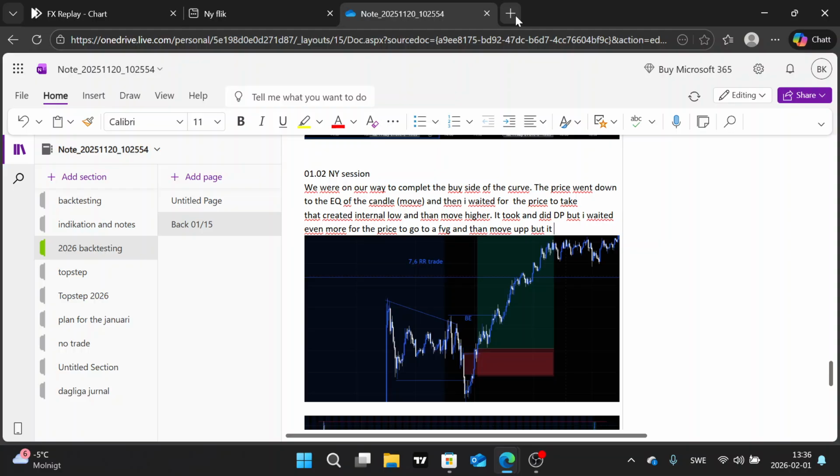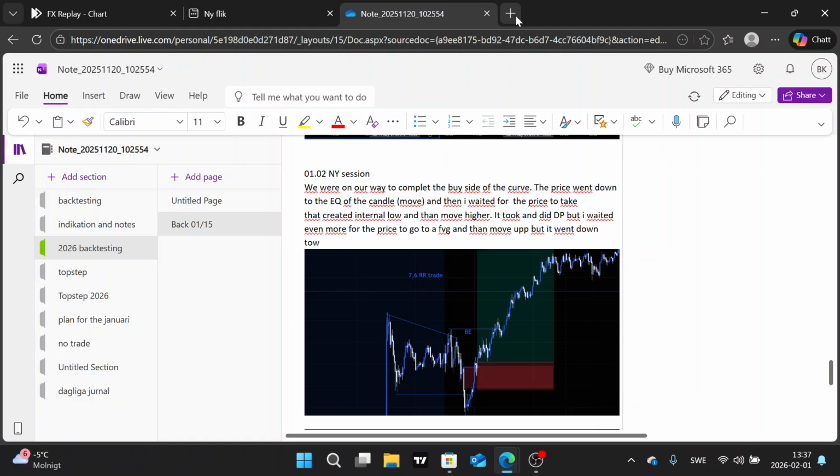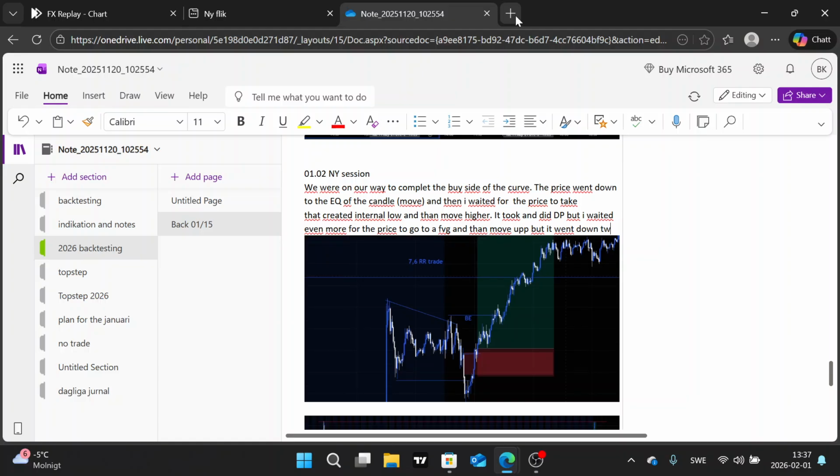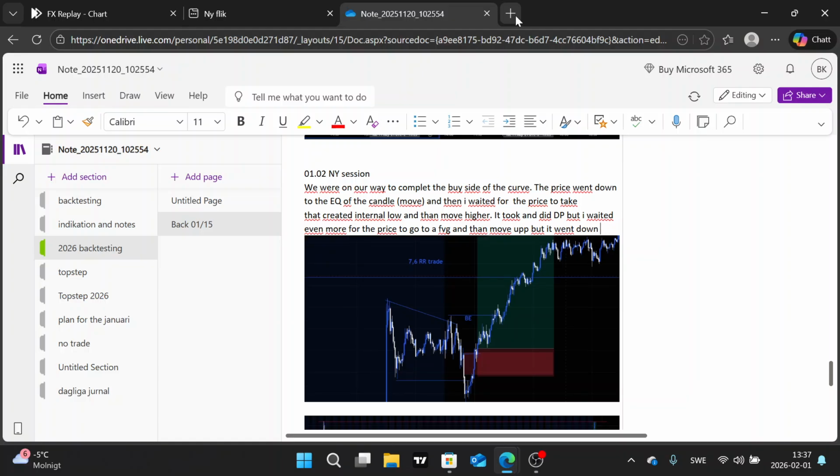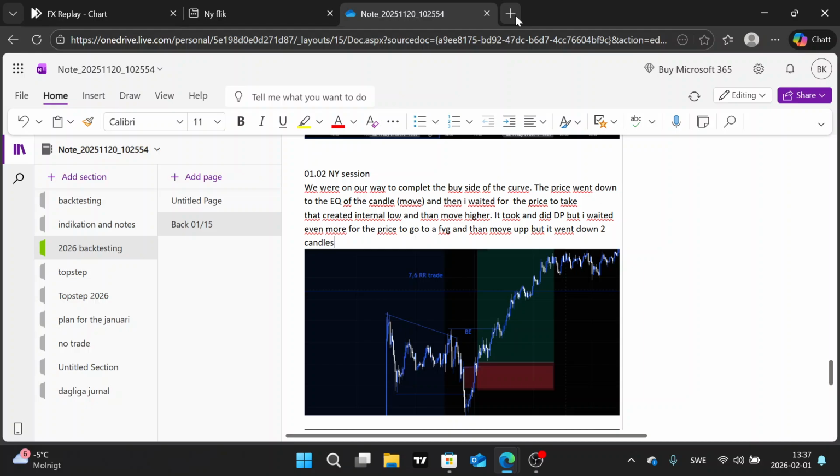But it went down 2 candles and then moved higher.